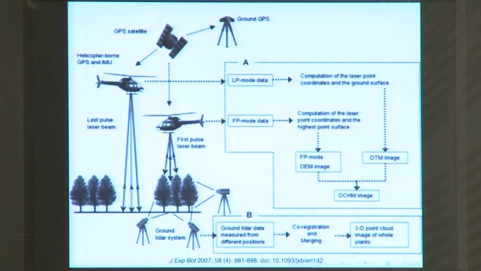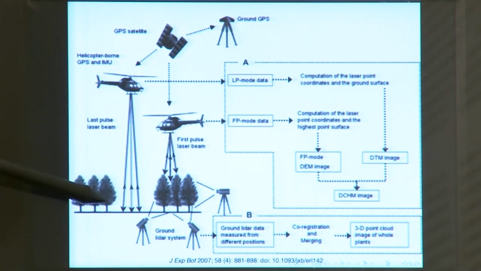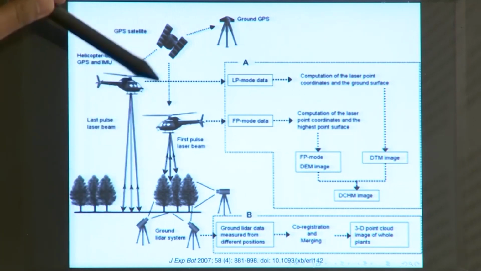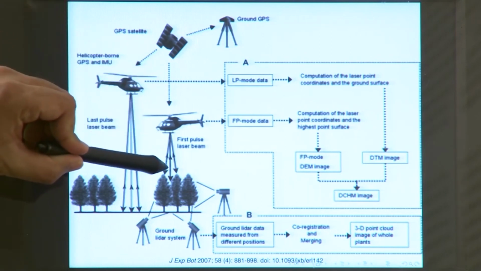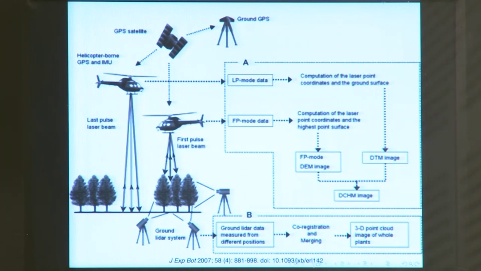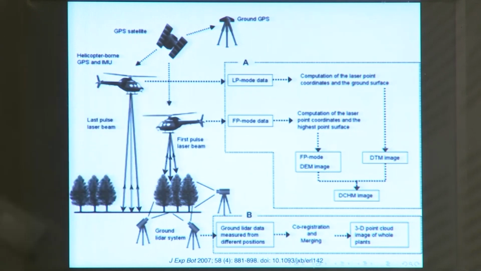Suppose here you have your aircraft, and you have the canopy and you also have the ground. When you are shooting a beam of laser, the first laser would interact with the top of this canopy and come back. So, that is the first pulse method, but then you will also have some laser that will go down and then come back. So, that is the last pulse method.